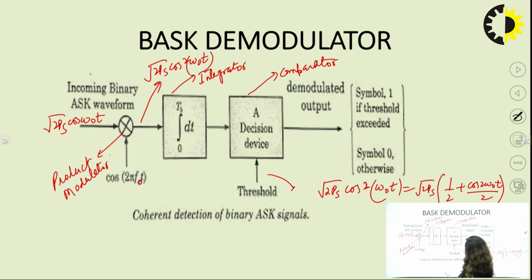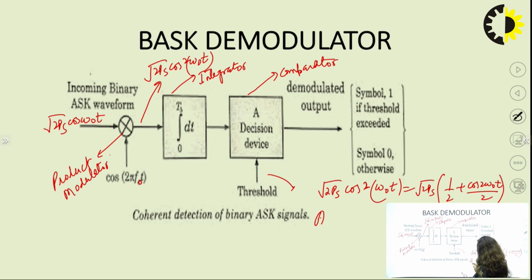This is passed through the integrator circuit, or a low pass filter, which integrates from 0 to TB. Whenever you integrate, you will have only the term root 2PS by 2 into TB.